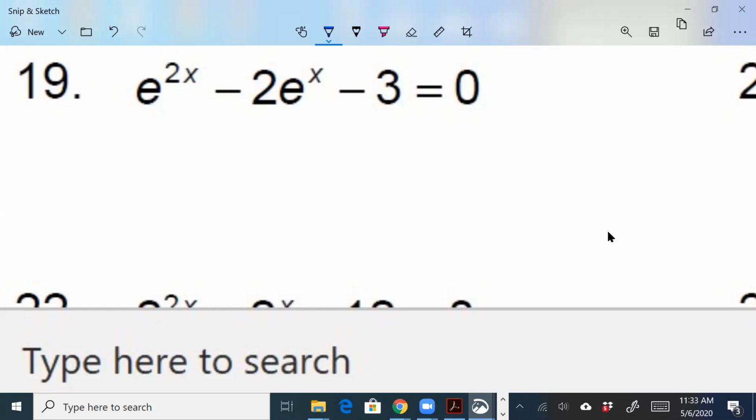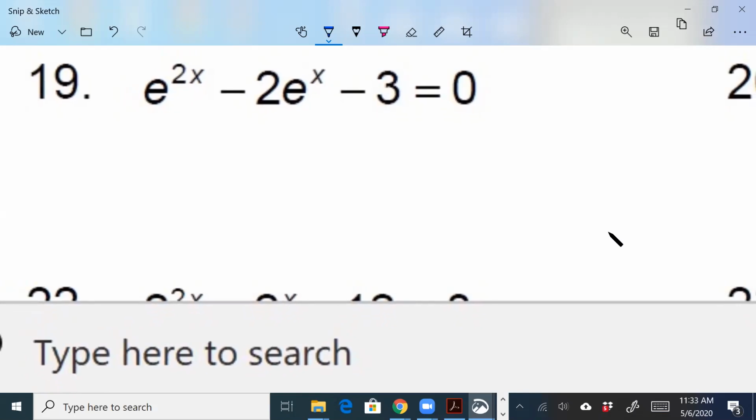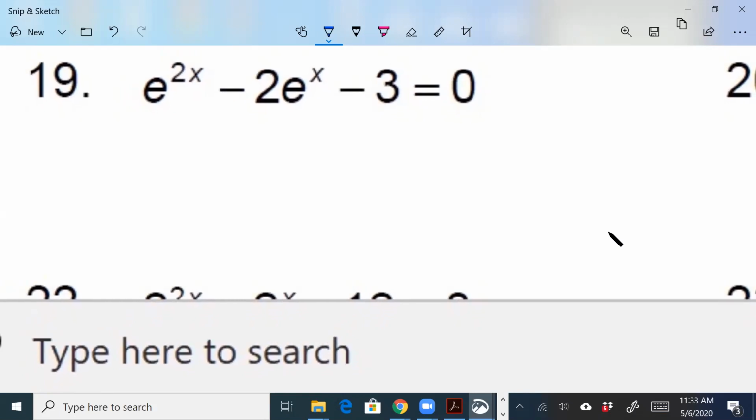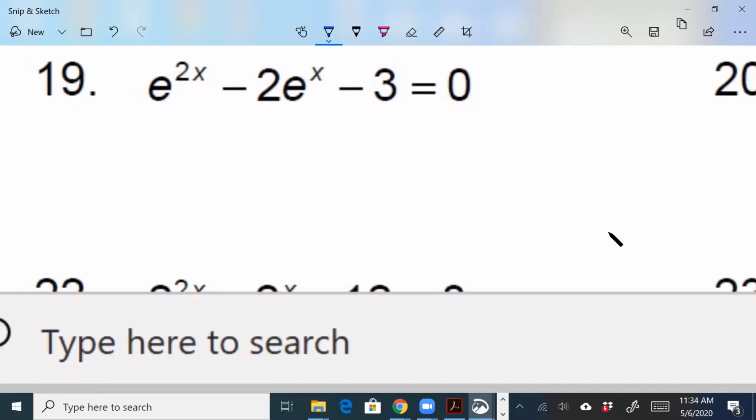And so I want to get that minus 2e to the x.